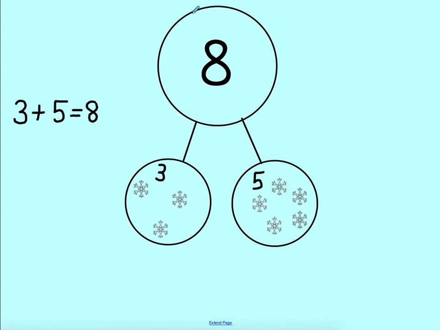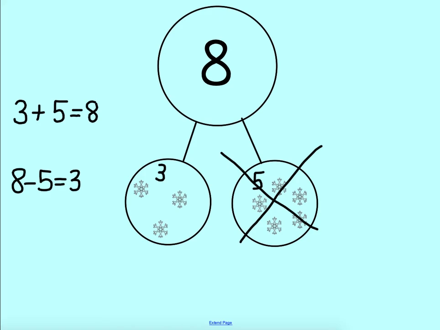So if we have 8 and we take away the 5 part, what part would be left? The 3 part. So if we had 8 and we took away the 5 part, we would have our 3 part left. 8 minus 5 equals 3.